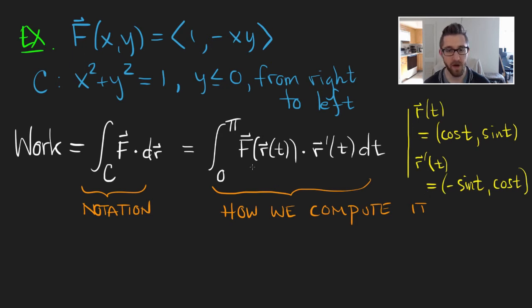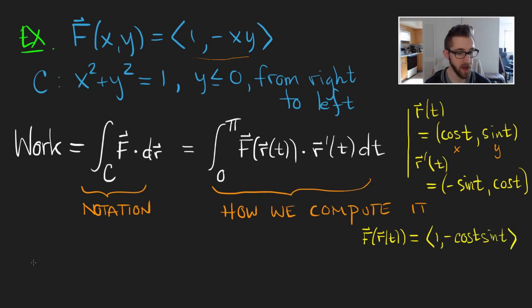And then F of r of t, that'll be the vector field that we get by plugging in the x and y components of our parameterization, so this is x and this is y, into the vector field up here, wherever we see x and y. So F of r of t will be the vector field 1 and then comma negative x times y. x is cosine t and y is sine t, so we'll have cosine t sine t.